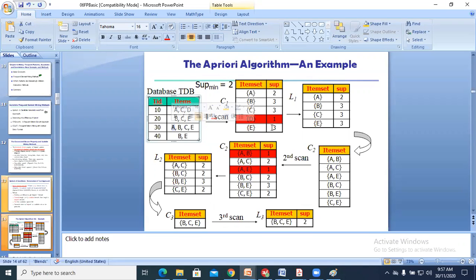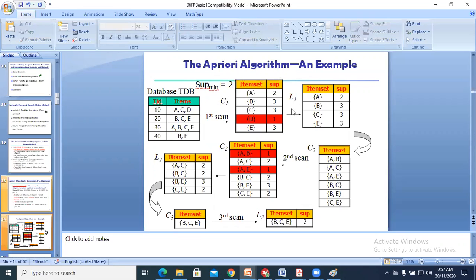So we will have the frequent list. Frequent list 1 generates only those items which satisfy the minimum support criteria. Here the minimum support criteria is 2.